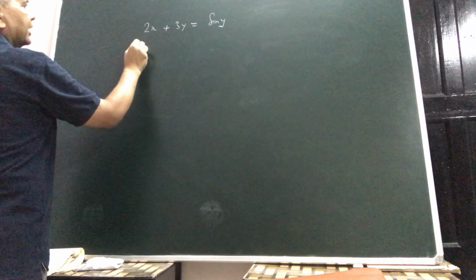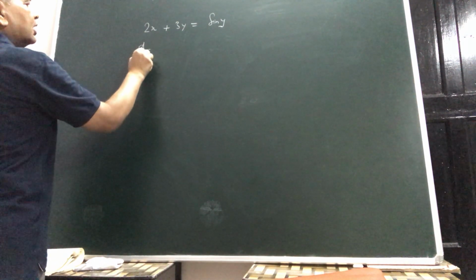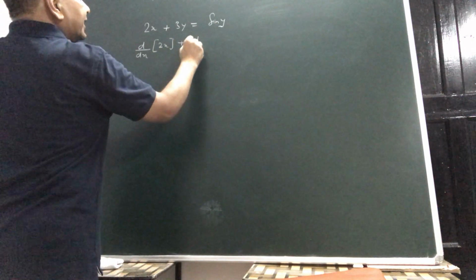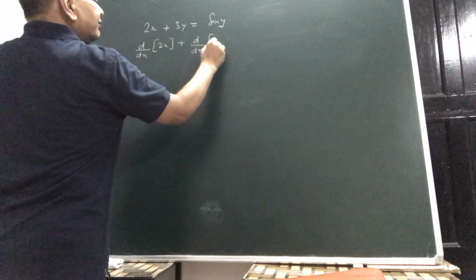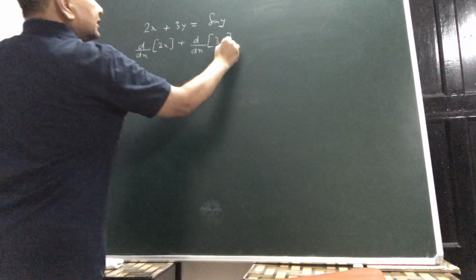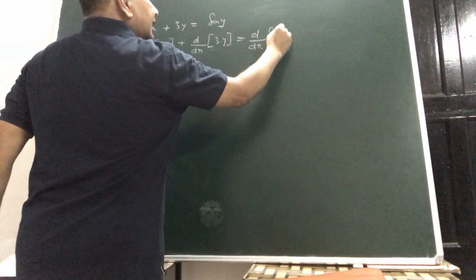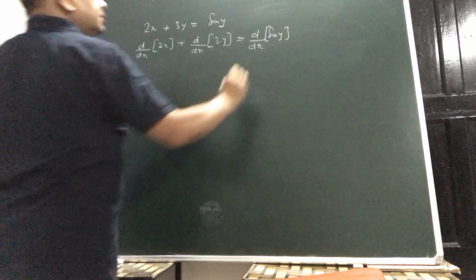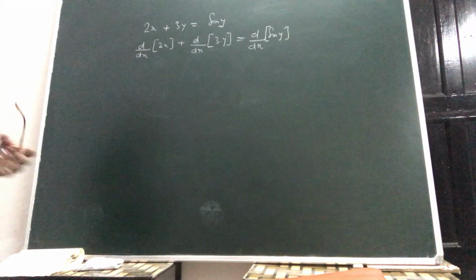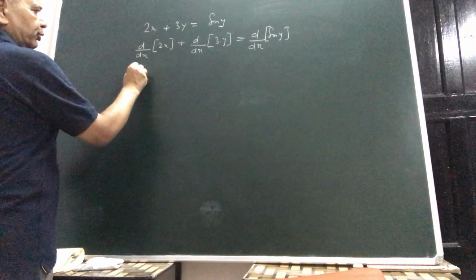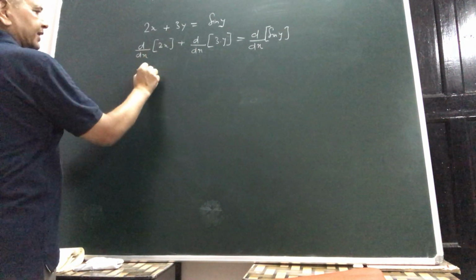So what will it give me? It will give me d by dx of 2x plus d by dx of 3y and d by dx of sine of y. Now students, please do remember that this thing you can easily differentiate, because the constant you can take out, and d by dx of x is 1.